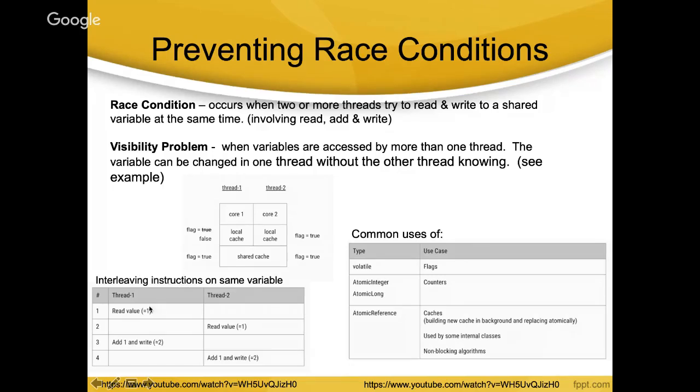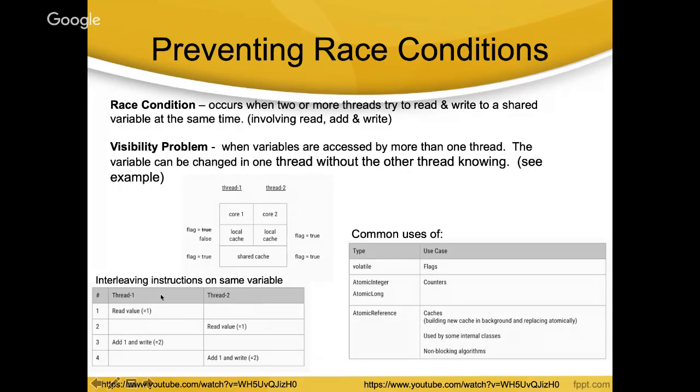Say thread 1 has a counter that it has to read and then add 1 to, and then it has to write it back out, because that's what you do with counters. And then thread 2 is trying to do the same thing, but it's using the same counter, you see. So thread 1 got it right at first, but then thread 2 tries to read the value, and it thinks, hey, it's really 2, or it's really 1 or something.